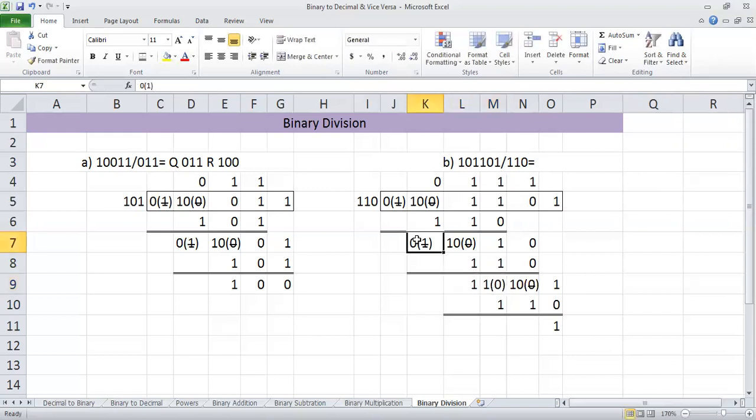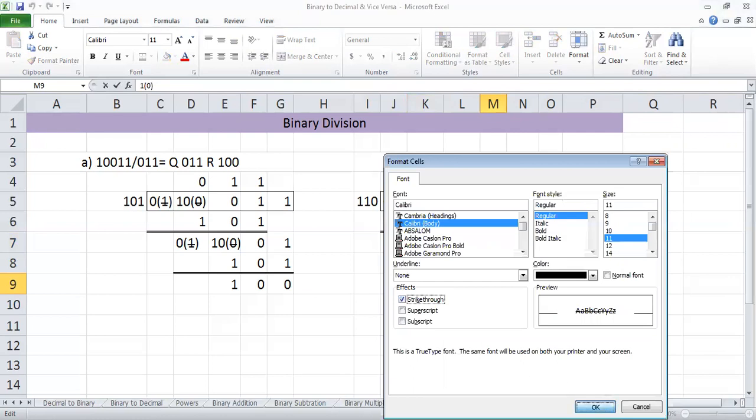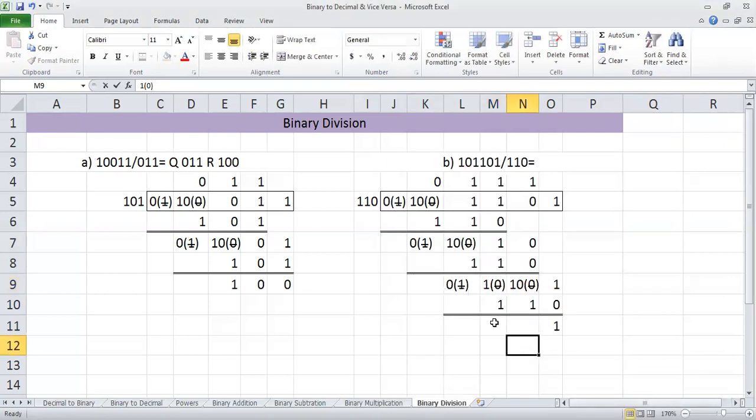And this will become 0. So 1 minus 1, 10 minus 1 is 1. 1 minus 1 is 0 and this is already 0.